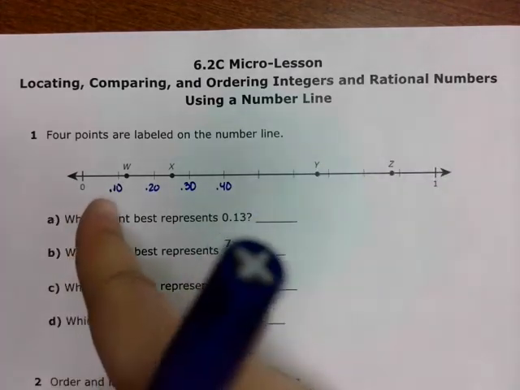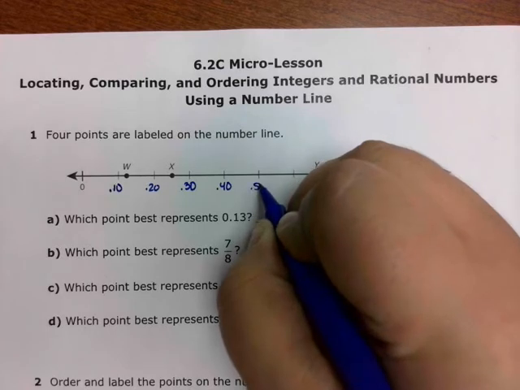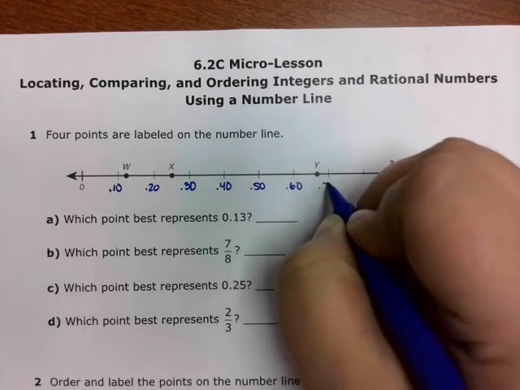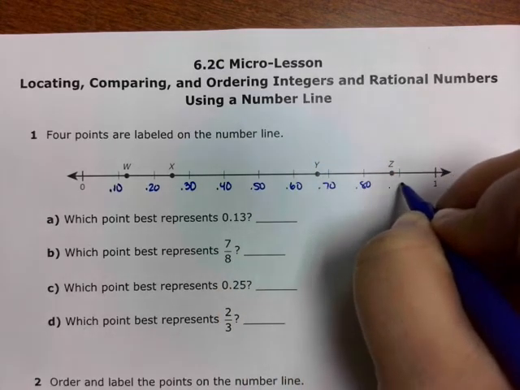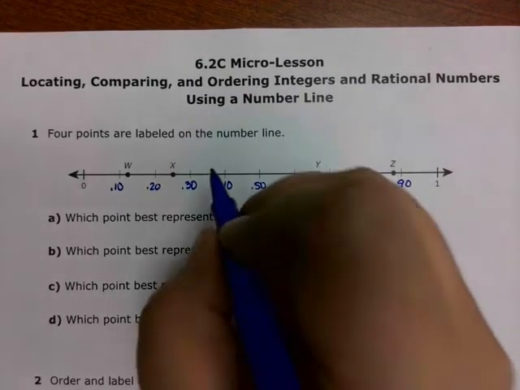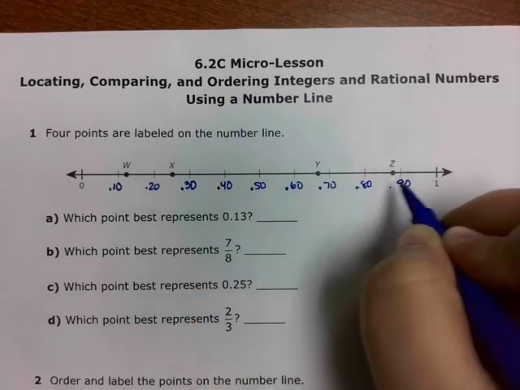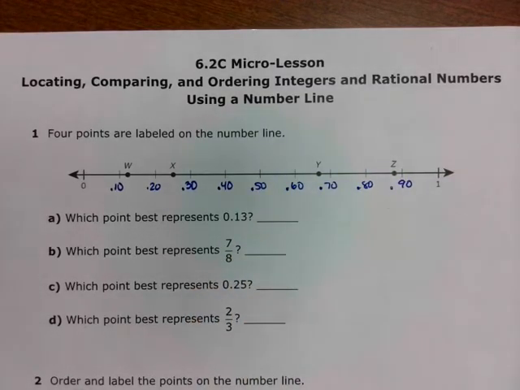You could also say 0.1, 0.2, but I'm just going to say it by the 10s. So 0.50, 0.60, 0.70, 0.80, 0.90, and that's one whole, obviously. I'm just choosing to put the 30, 40, 50, 60, and so on. You could have just put the 0.1, 2, 3, 4. But most likely we're going to need that extra 0 to help us.